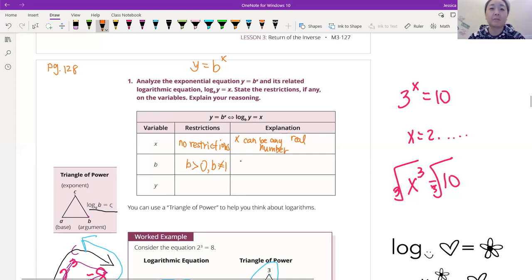So we'll say b can be, lowercase b, any positive number, except, not accept, we're not accepting the award, it's except 1.